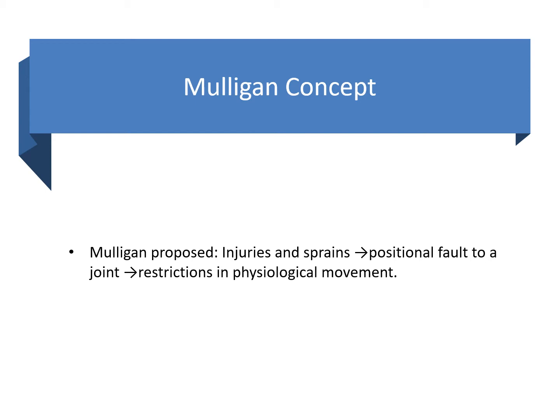So he proposed that when a muscle is tight, or when there is a ligament sprain or muscle strain, the joint position is altered. That is known as malalignment of a joint, or a positional fault in a joint, because of which the normal biomechanics is disrupted and there is reduced range of motion. So this was his basic concept which gave rise to the Mulligan concept.